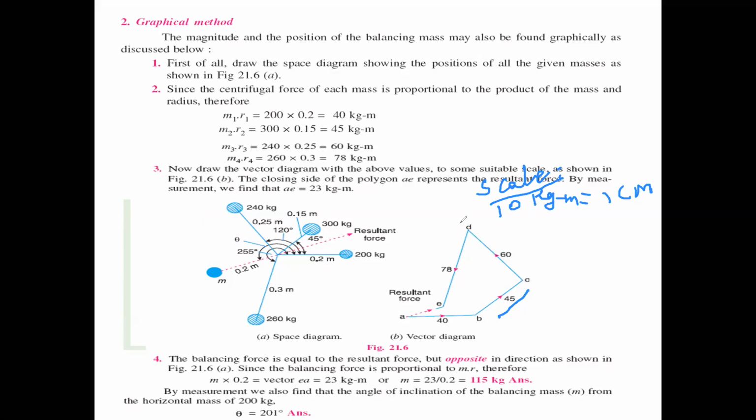And now the FC4 value. The direction of M4 is already known, that is this direction. That angle is 255 degrees with reference to the horizontal line. Set up the 255 degrees.